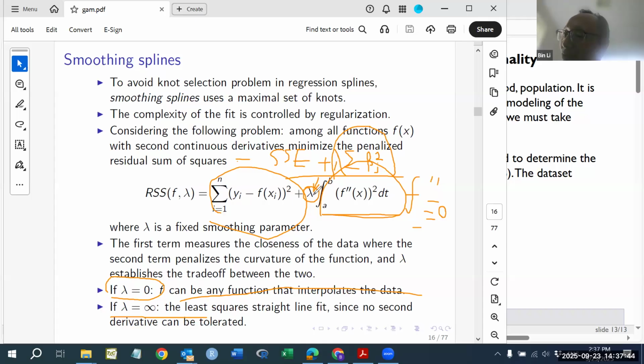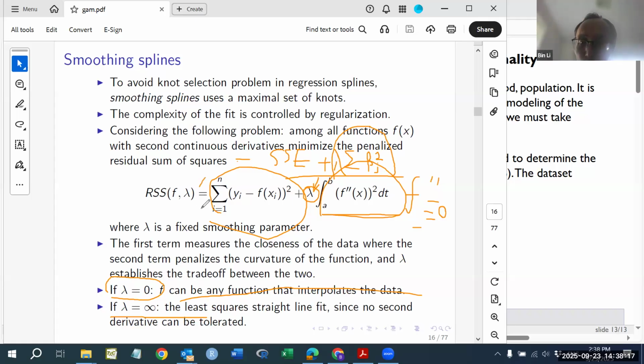We just use cross-validation to choose the optimal value of lambda that minimizes the cross-validation error. So the problem is solved. Now you can see there is an automated algorithm to help us find a nonlinear smoother.